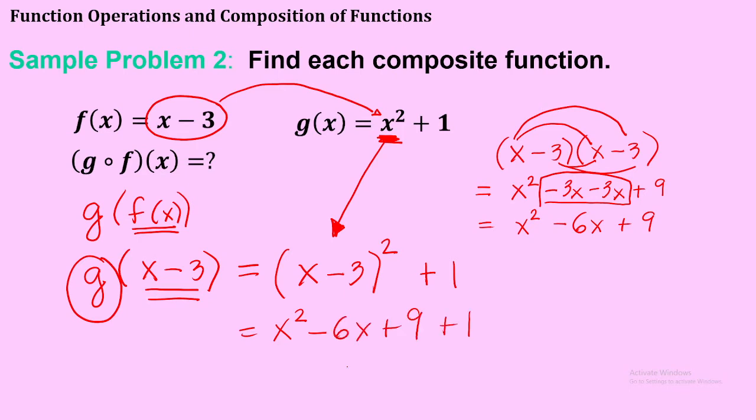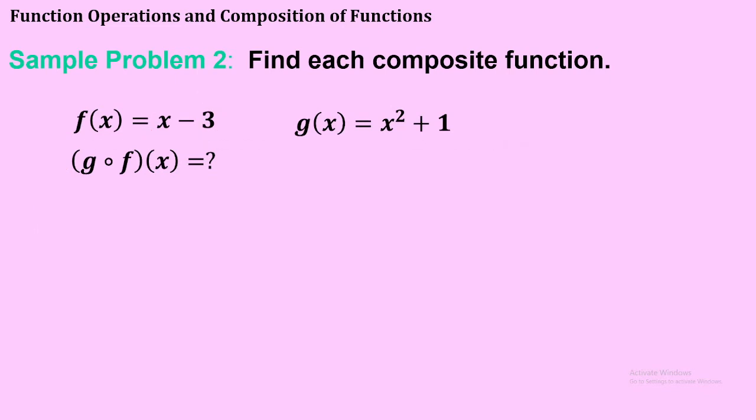And as you can see, again, these can be combined, which is 9 and 1. Giving you how much? Giving you 10. So now I have answered my second example, the composition of G and F.